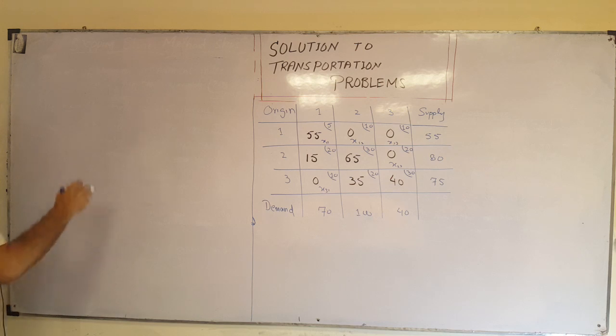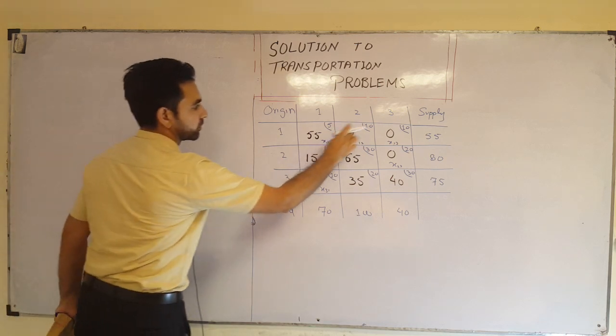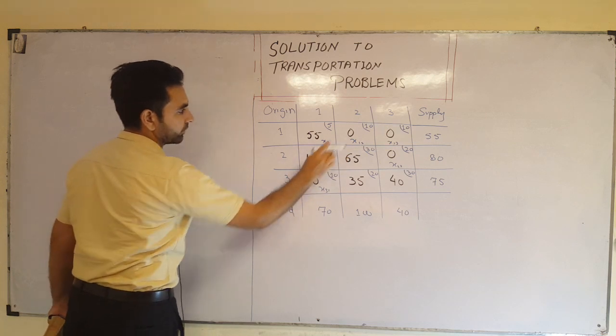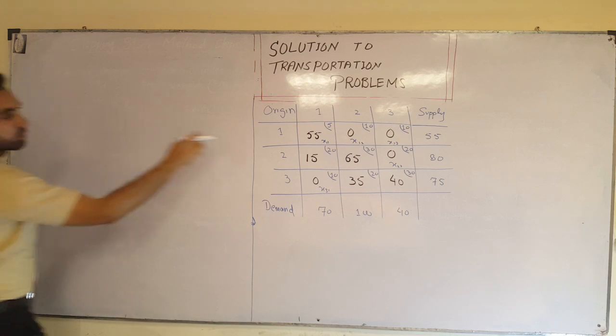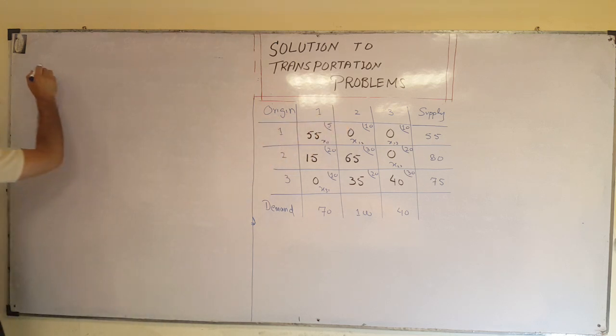So let's come to the first step. What was the first step? To find the index of these ones. So you have the non-basic cells. The first cell is at 1 and 2, so I would call it 1, 2.